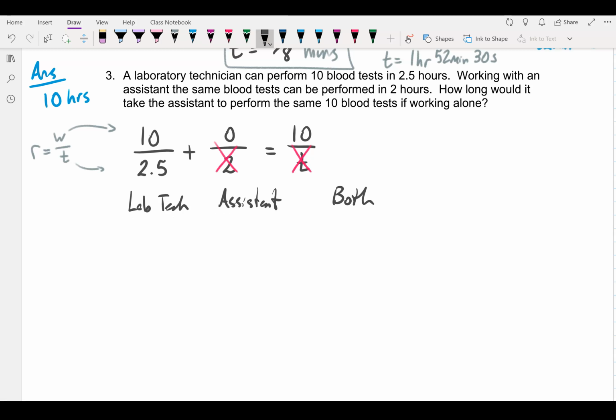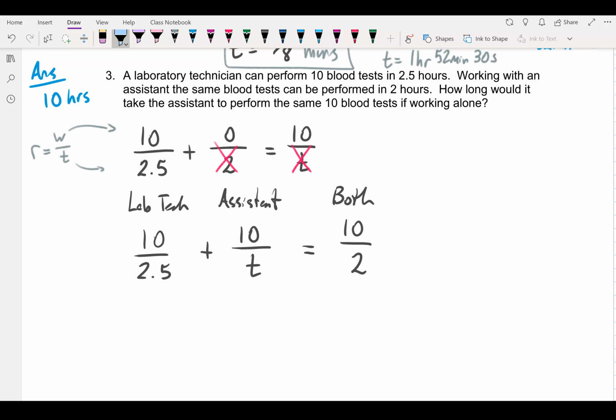What I'm trying to get at is you have the lab tech, 10 over 2.5. Both of them together is this second sentence. Working with an assistant, the same blood test can be performed in 2 hours. 10 blood tests, 2 hours. And then it's the assistant we want to know the information about. So you take your 10, and it's the assistant's rate of time, or time taken, that we really care about.